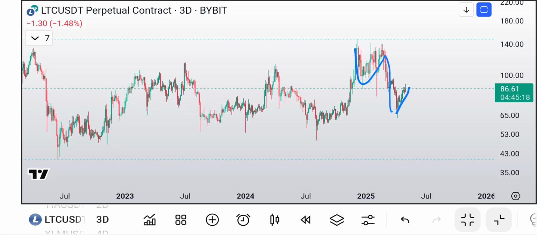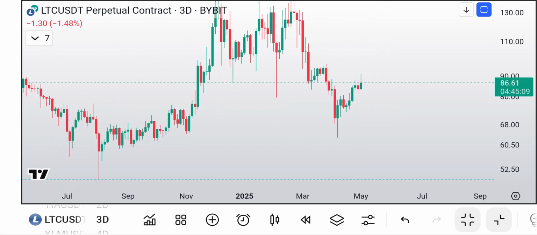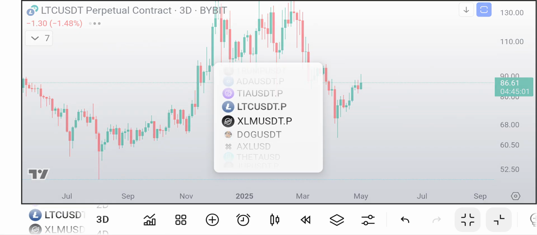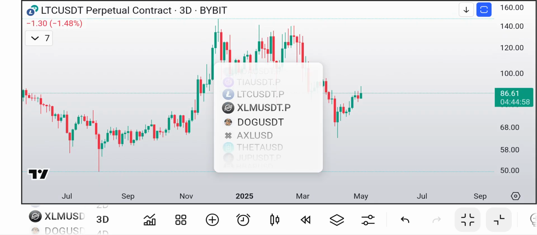This could be a wave 1. Get another 3-wave pullback and then go up. I don't think this is just going to keep going up. I mean, we went up here, so it makes sense to come down a little bit and then go back up. So maybe we got some downside coming here soon.